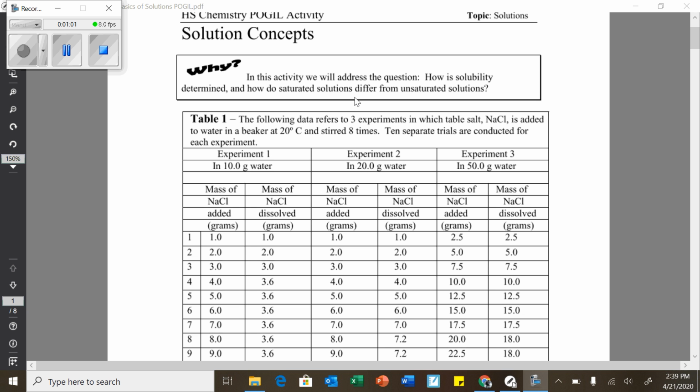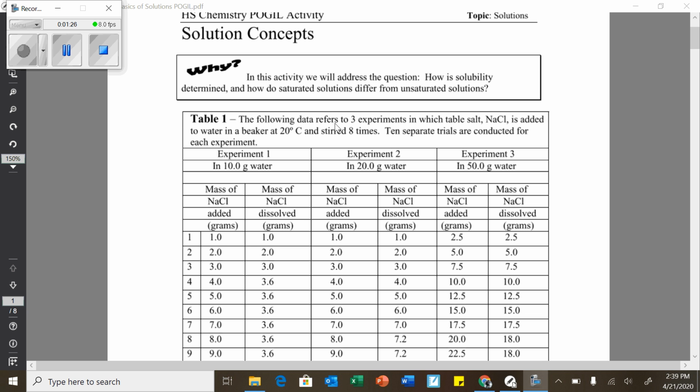Typically it's trying to find a maximum number, like what's the most amount of HCl, of hydrochloric acid, that'll dissolve in a pint of water or something like that. That would be what's known as the solubility. So we're going to try and find the solubility of sodium chloride, so of table salt, if you will, in water.